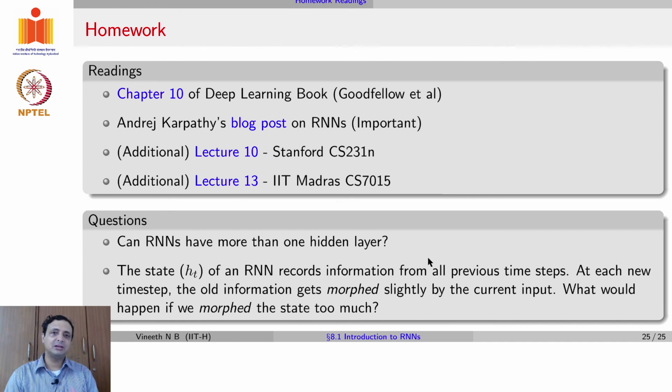The previous step's state is now modified due to the input that comes at this time step. What would happen if we morph the state too much? Rather, what would happen if you pay a lot of attention only to the current input and lesser to the previous time step's state? Think about it, and we'll discuss this soon.